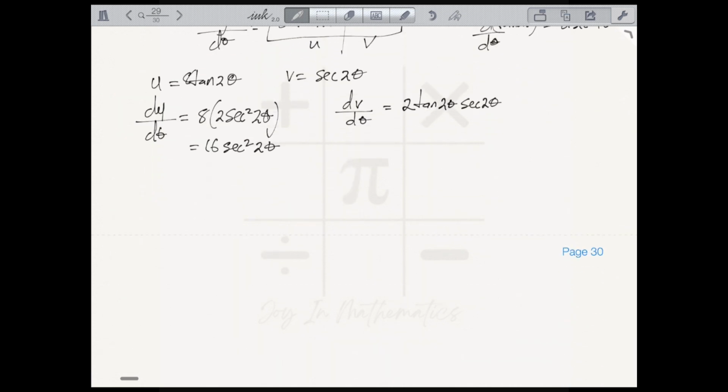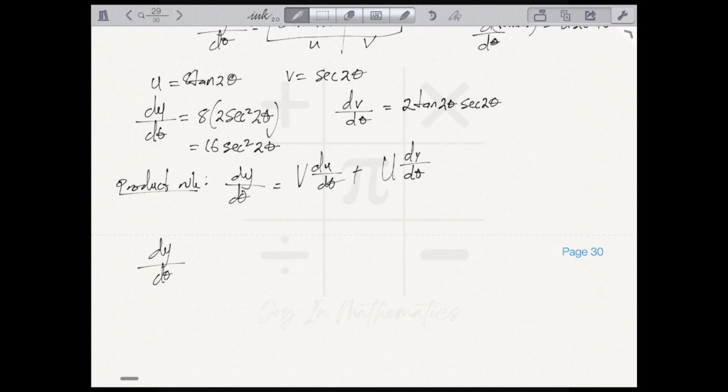Thus, applying product rule, we have that d squared y d theta squared will be equal to v du d theta plus u dv d theta. Therefore, we can make our substitution.